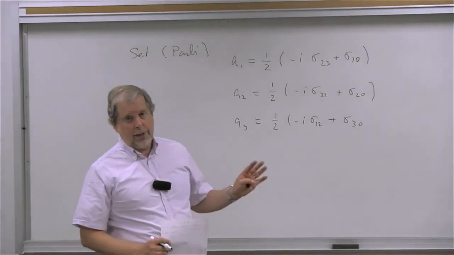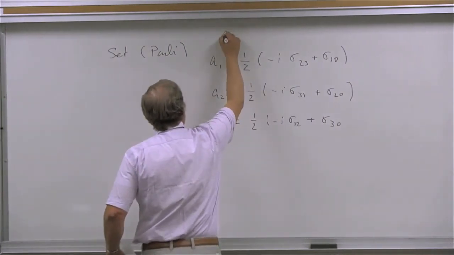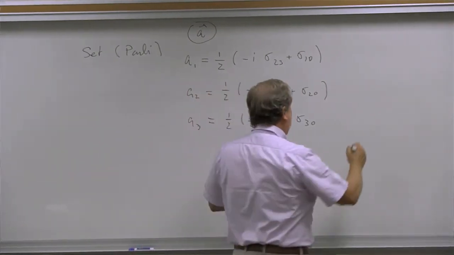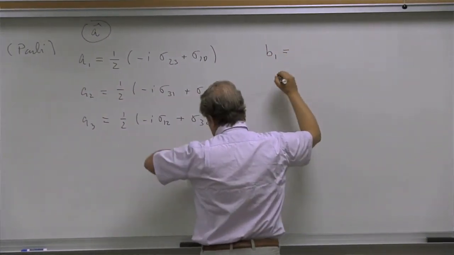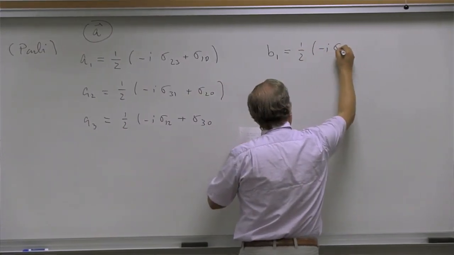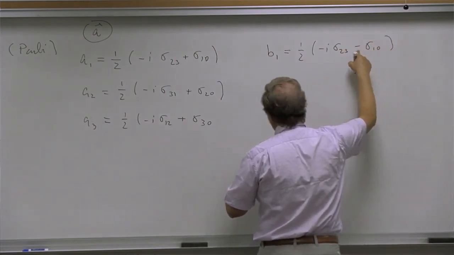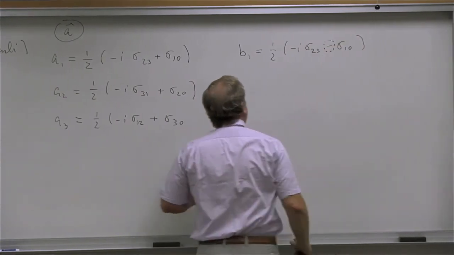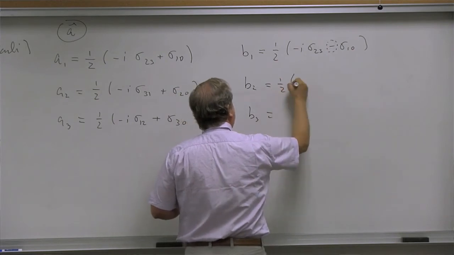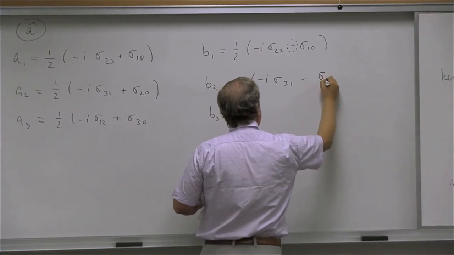There's 6 total sigmas, so we dealt with 3 of them, which is one vector A of matrices. And now we need another one. So we define B1 to be 1/2 times minus i sigma 2, 3 minus sigma 1, 0, and then B2 and B3 similarly: 1/2 minus i sigma 3, 1 minus sigma 2, 0.